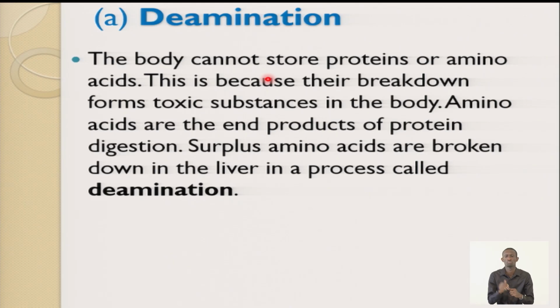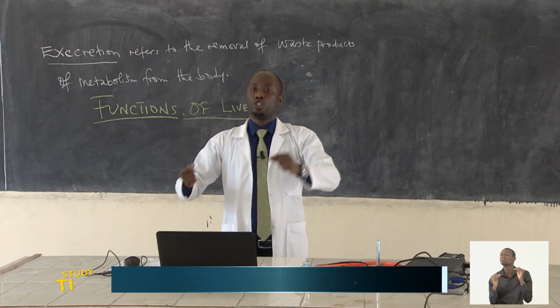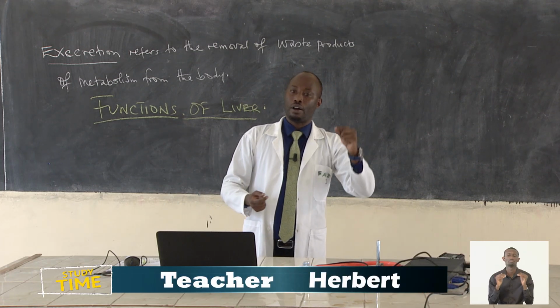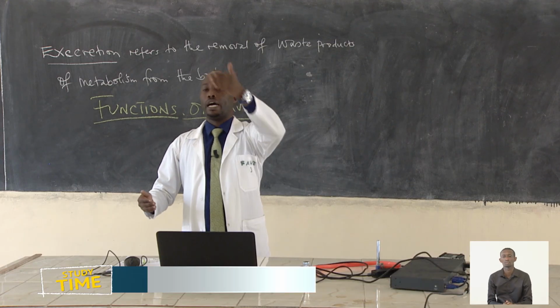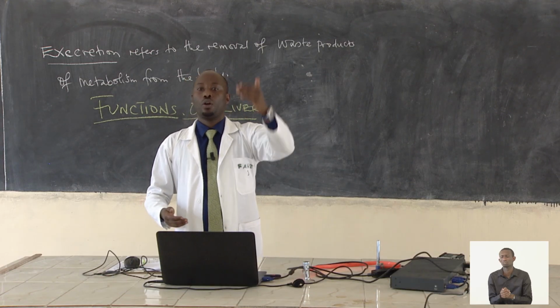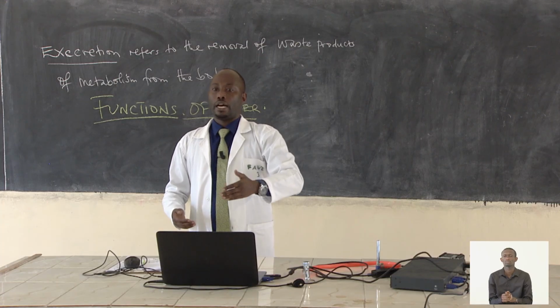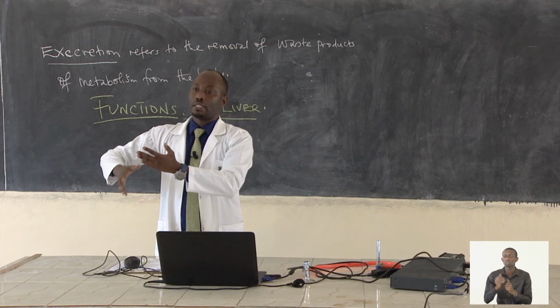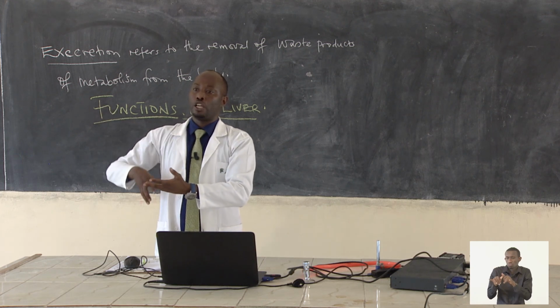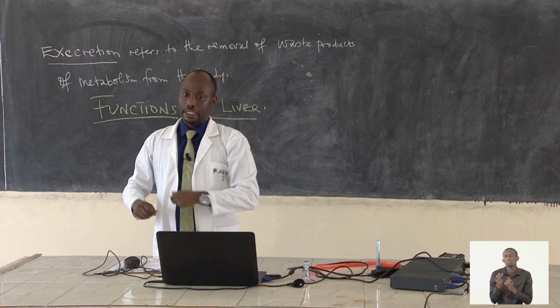How will the body strike a balance? It is done by the liver, where the excessive proteins or amino acids are broken down into glycogen and urea, and these nitrogenous waste products are eliminated from the body through the urine in the kidney.